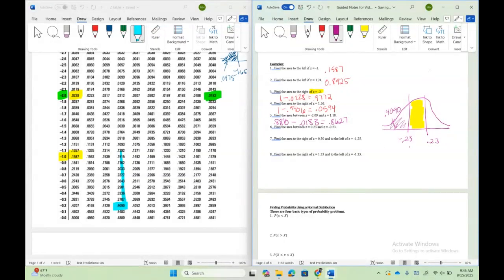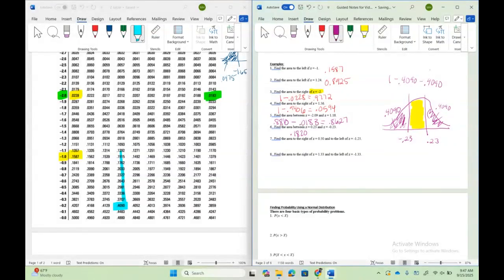This bell curve is symmetrical, and these z-scores are opposite of each other, which means that this area to the right is also 0.4090. So if I notice they're symmetrical, I can take 1 and subtract that area 2 times to subtract out these 2 parts, and it will leave me with that highlighted part in the middle, which is 0.1820.